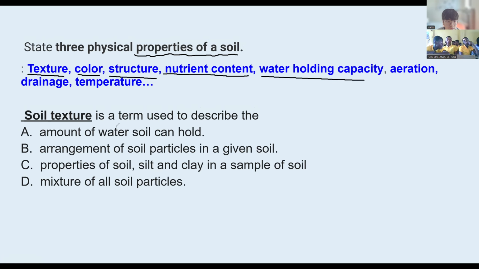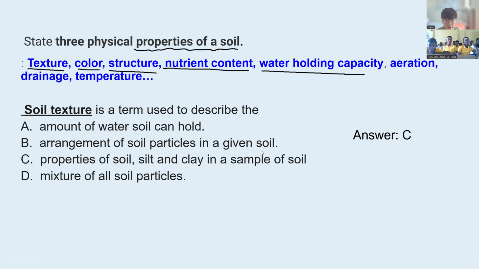So, next question: soil texture is a term used to describe the what, do you think? B? Did you say D maybe? If you said C, then yeah, that's correct.